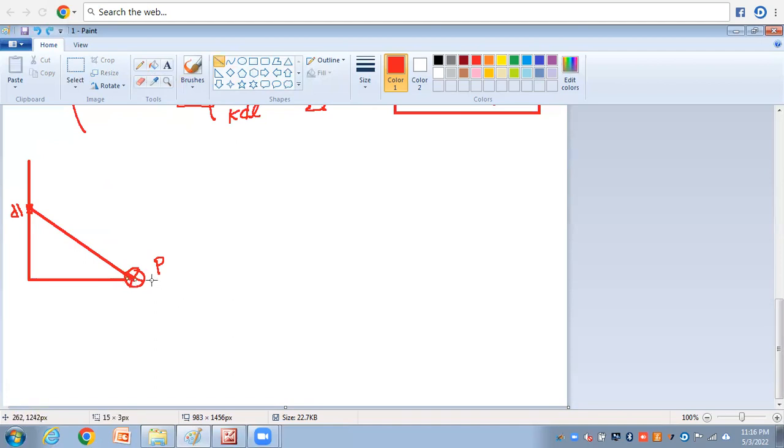This is the angle alpha. Now consider two reference points. This is B and another one is A.